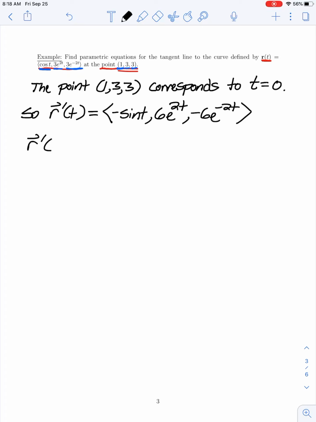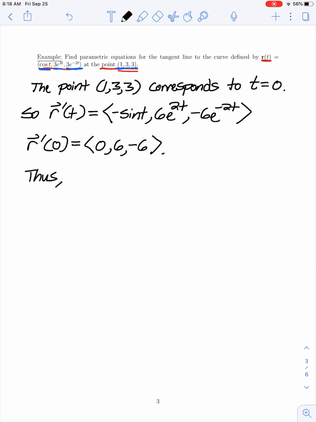So let's evaluate our tangent vector at t equals 0. And we have 0, 6, negative 6 as our tangent vector to this curve at that point, which is parallel to the tangent line at that point.